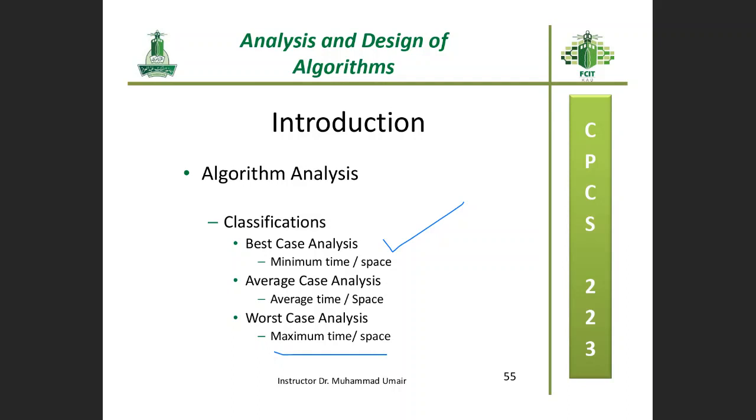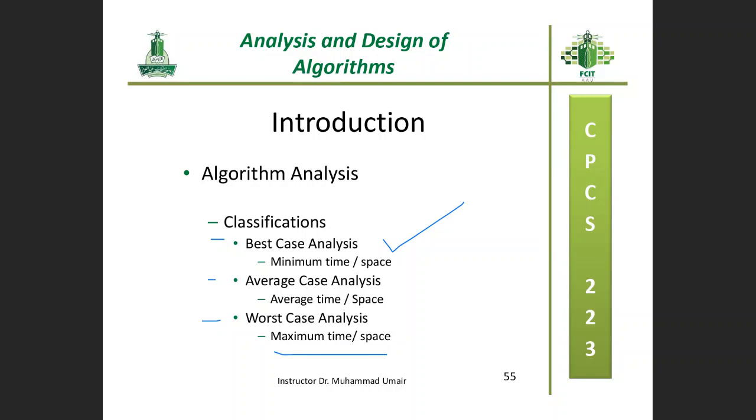Is that clear? These three scenarios are clear to you? Best case scenario is the one in which you can get the minimum running time. Worst case scenario means the one in which you get the maximum running time for that particular algorithm. Other than the best and worst, all scenarios belong to average case analysis.